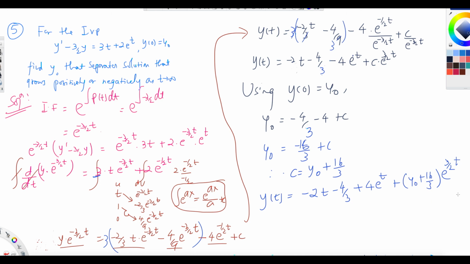Hence y of t increases positively if y0 plus 16/3 is greater than 0, right?